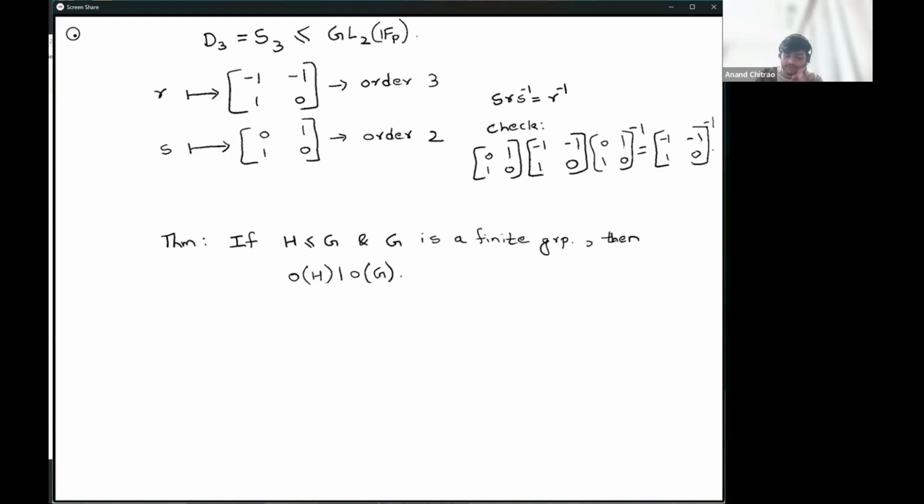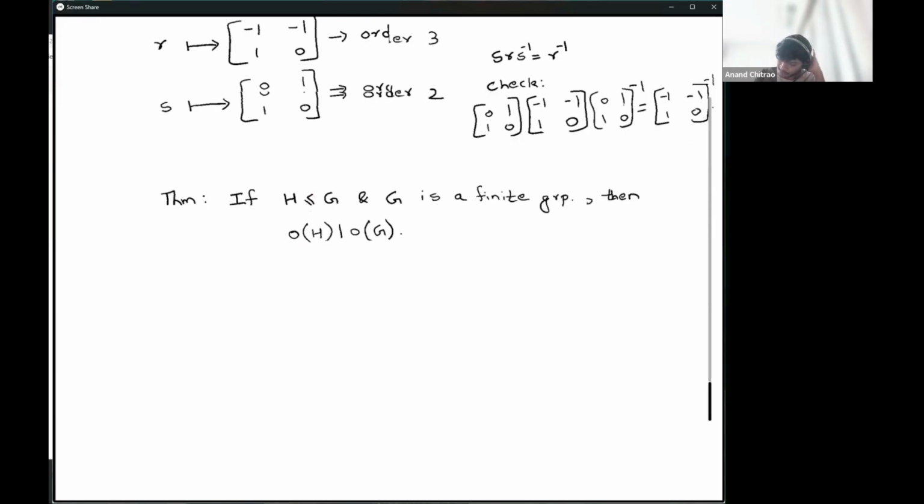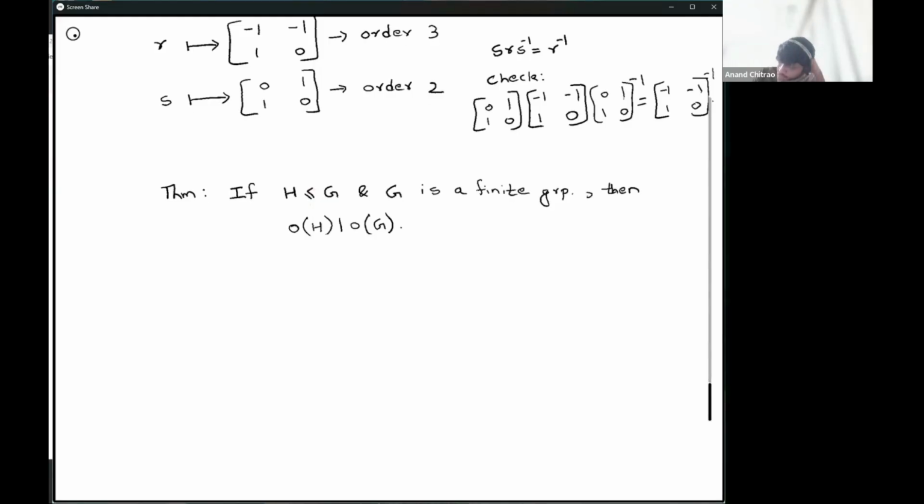We saw above that for cyclic groups, you have some kind of a converse to this theorem, that for every divisor of the order of G, you get a unique subgroup. But in general, the converse of this theorem is not true. Does anybody know a counterexample to the converse of this theorem?